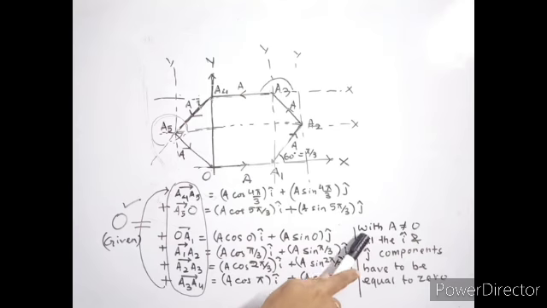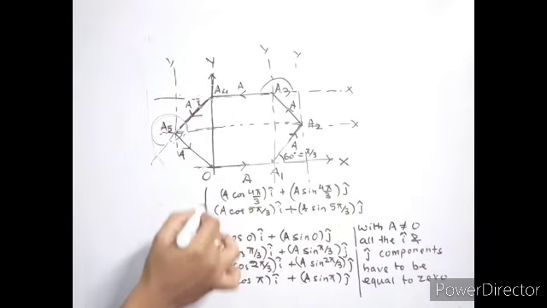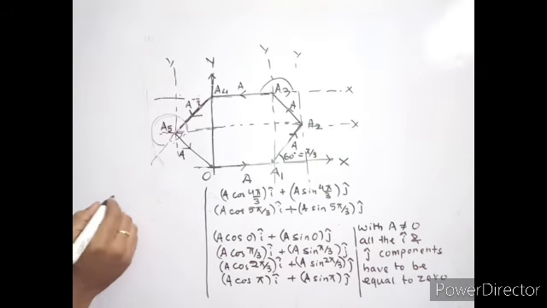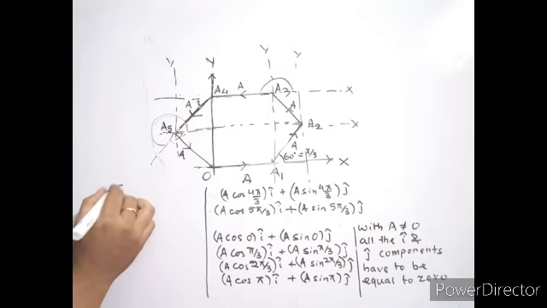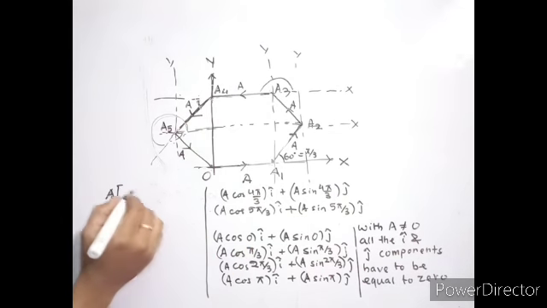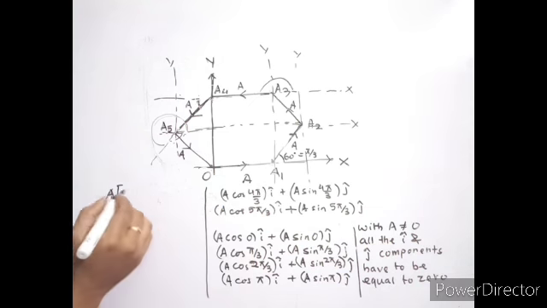Now with a not equal to 0, in order that we get the result to be 0, all the i hat and j hat components have to be equal to 0. They add up to 0 for every component, because i and j are two separate axes, so they have to be individually equal to 0. Taking a out from each term, we now separate the i cap and j cap terms.